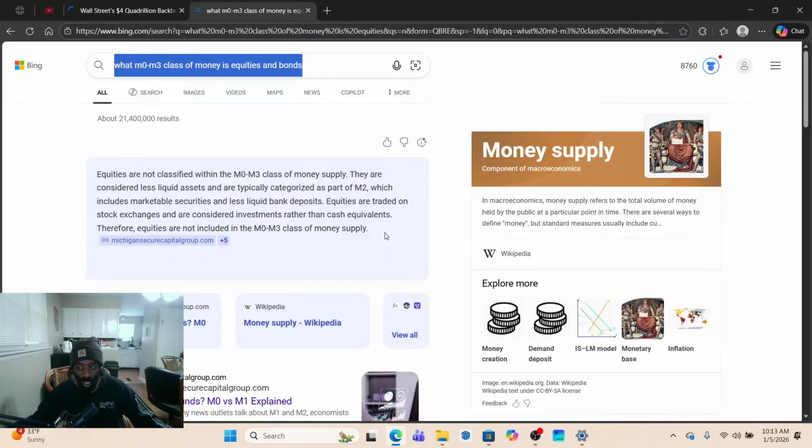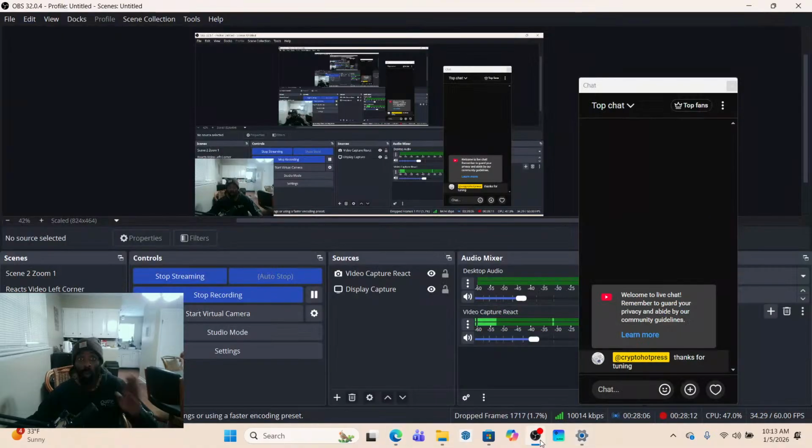And it doesn't matter if you hold M2, M3, M4, M5, you have to figure out where you want to move these funds from M0 to M3 prior to these dollars blowing up. Once again, you want to do it prior to the dollars blowing up, because if you don't, you can just pretty much forget about it.